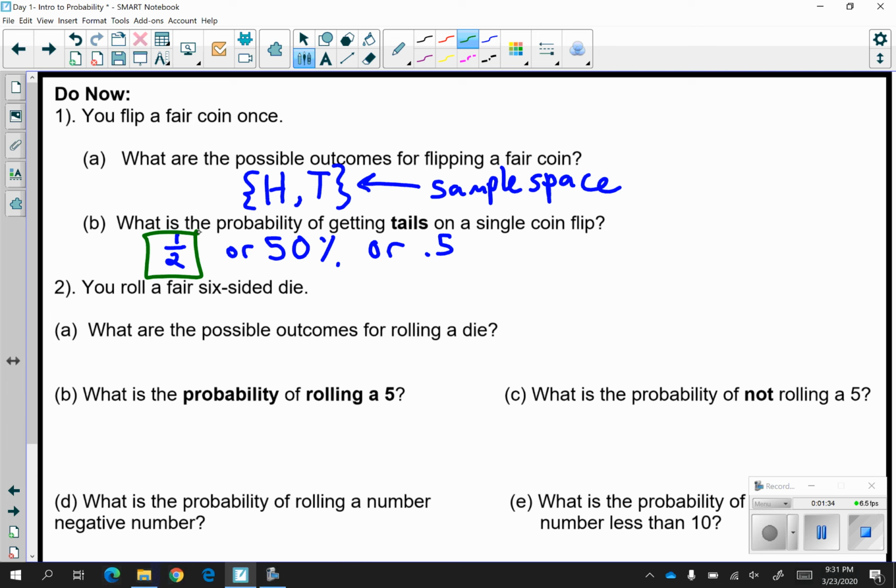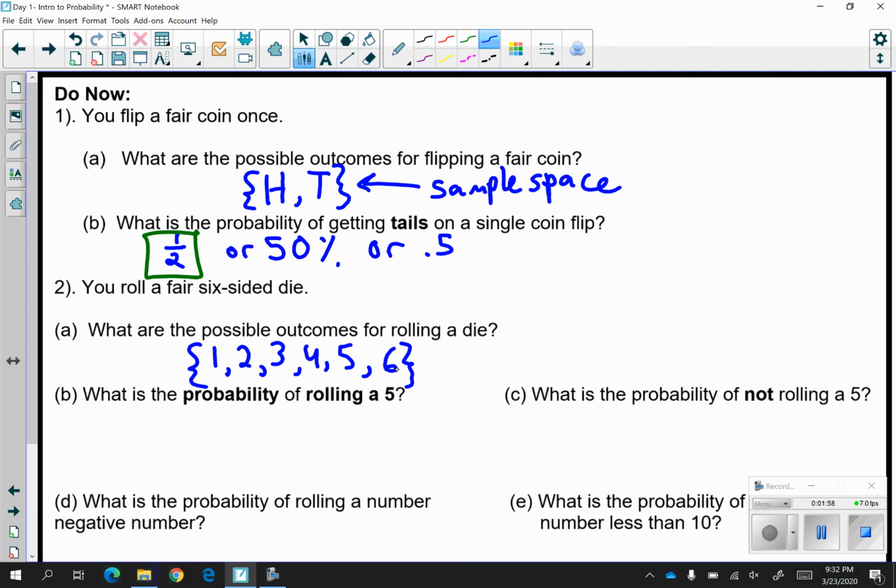So let's say we roll a fair 6-sided die, and they want to know what are the possible outcomes. In other words, your sample space. You have 1, 2, 3, 4, 5, and a die goes up to 6. Because it's your sample space, you're going to put it in squiggly brackets.